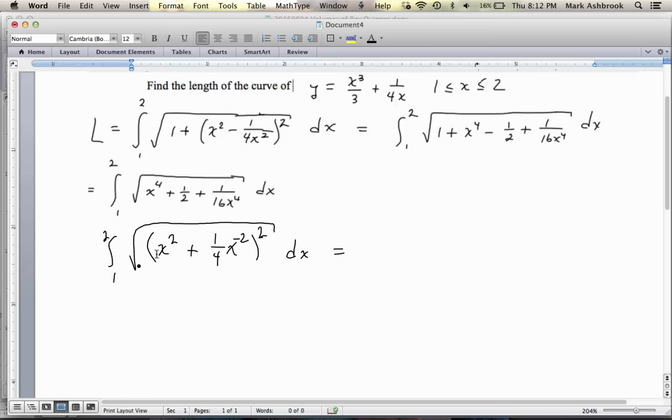And so now the square root of the square is just this argument here. So from 1 to 2, x squared plus 1/4 x to the minus 2 dx. And now I've got a really easy integral. x cubed over 3.